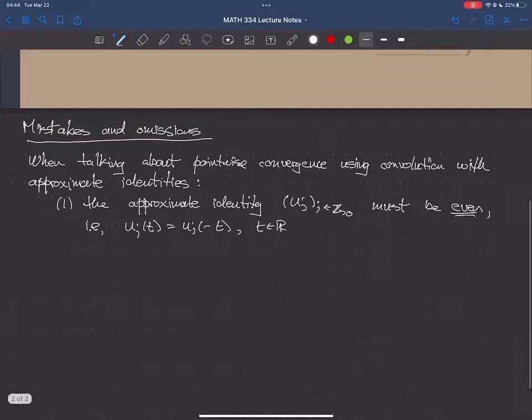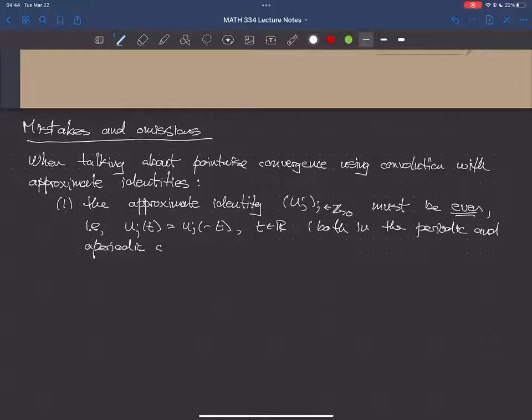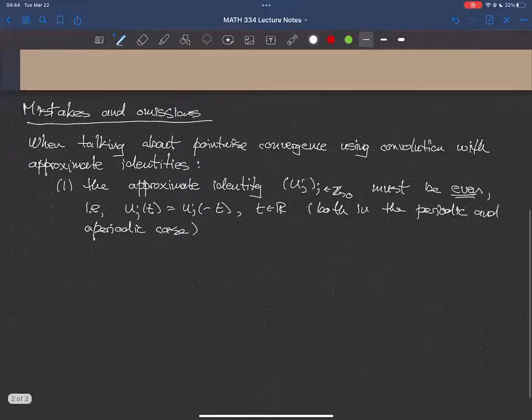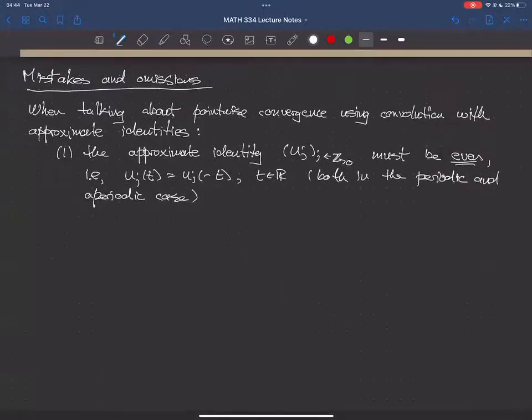And this must hold both in the periodic and aperiodic case. All of the approximate identities that I talked about last time had this evenness property, but you do need to assume that.